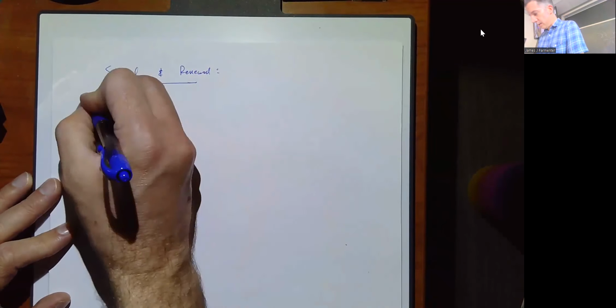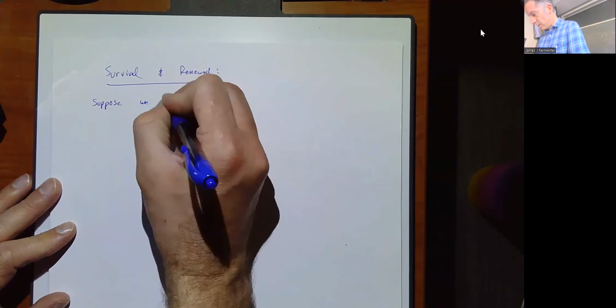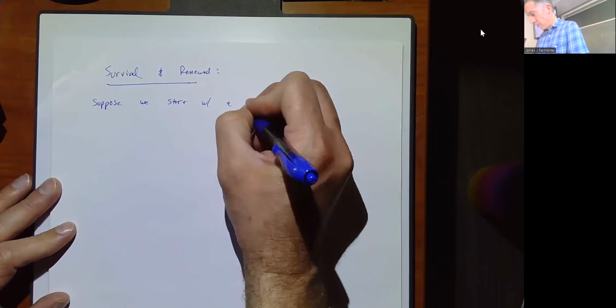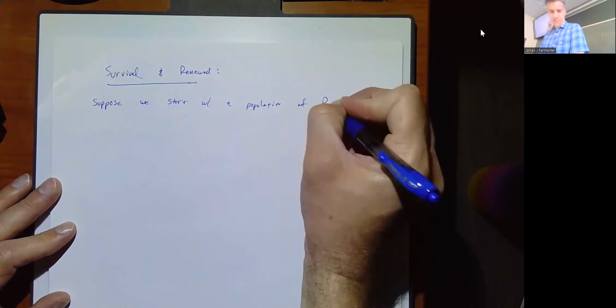So yeah, suppose we start with a population of P naught.